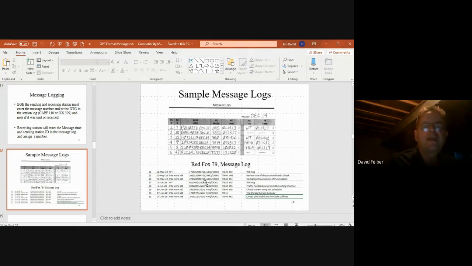And then every week, National Headquarters sends an intercom message. So you'd use a message log such as this. Notice it has the message numbers as transmitted, as received, the date time group, who it's from, the time you received it, and who it was for, and the time you sent it.